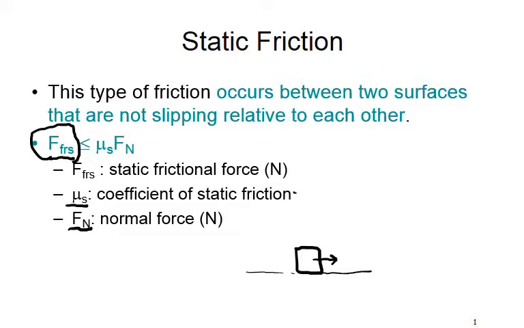The coefficient is unitless, and the normal force is in newtons, and the static friction will come out in newtons. So the greater the coefficient, the greater the static friction will be. So the stickier or the more resistant it is to movement, the higher the coefficient will be.